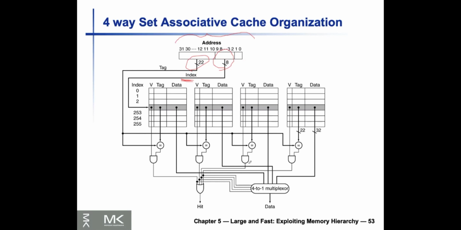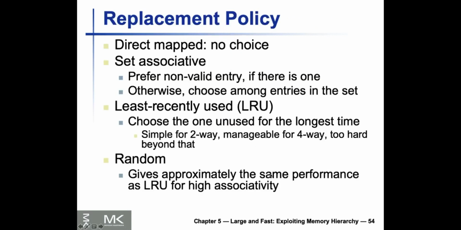Because 1 out of 4 would be the final answer, right? That is, which of those elements of the selected set matches the tag, all right? And the output of the comparator will be decoded in a signal. So let's have an example here.